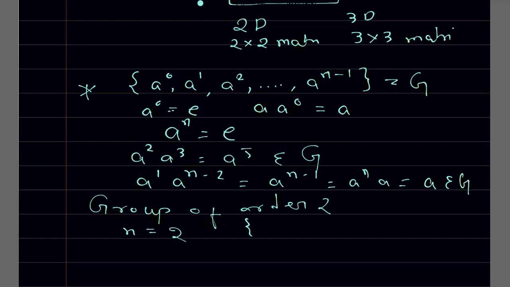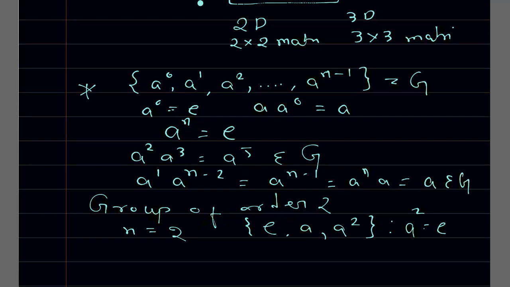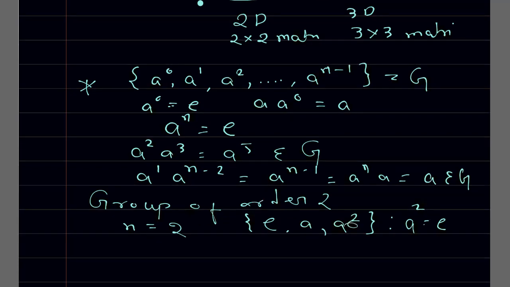So it will have elements E, A and A square, and this will form a group when A square is equal to A cube is equal to E, I think. Now A square is equal to E, and then it won't have this element. So there will be 2 elements, E and A. Okay.